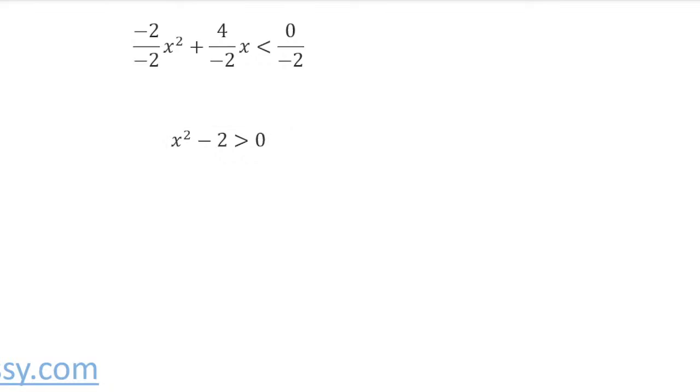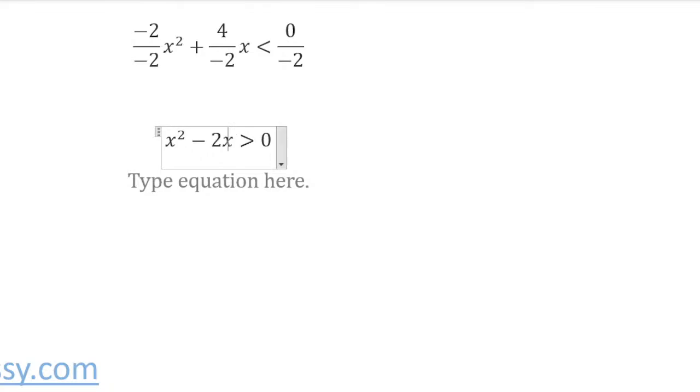So now let's factorize. Remember here, it's 2x. We're going to take a common factor. Our common factor is x. X goes here and x goes here, right? Remember, we're dealing with the left hand side at the moment.